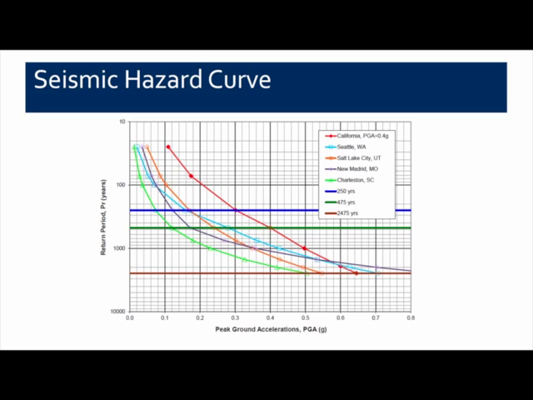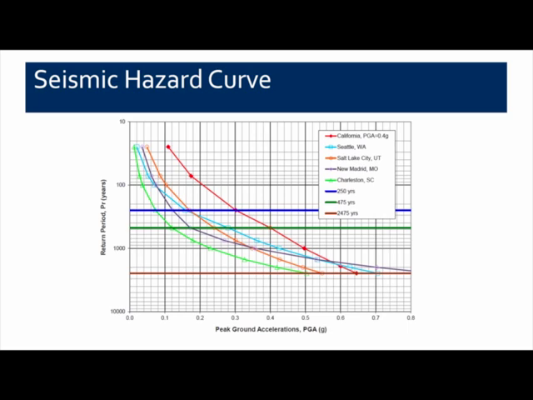The horizontal colored lines represent different average return periods of earthquakes. So you can see that the length of time that you consider has a huge effect on the expected ground motion. The green line represents a 475-year earthquake, and the purple line near the bottom is the 2,475-year earthquake.